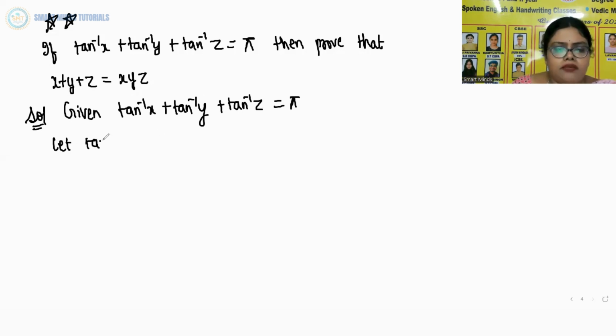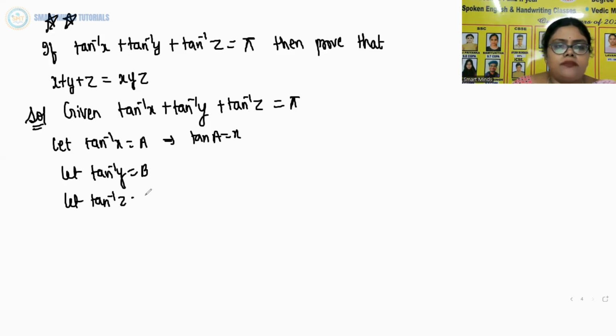Now let tan inverse x be equal to A. So we can write tan A equals x. Let tan inverse y be equal to B, so tan B equals y. And let tan inverse z be equal to C, so tan C is equal to z.